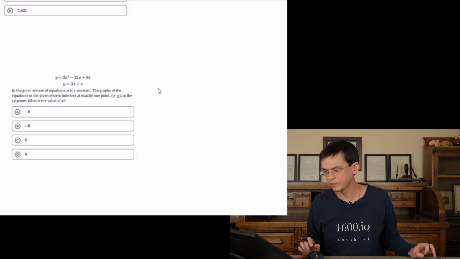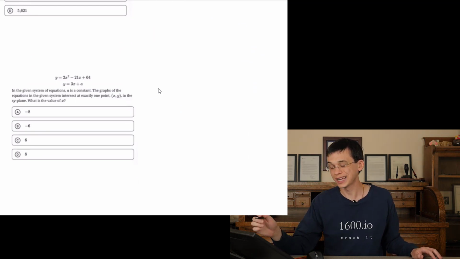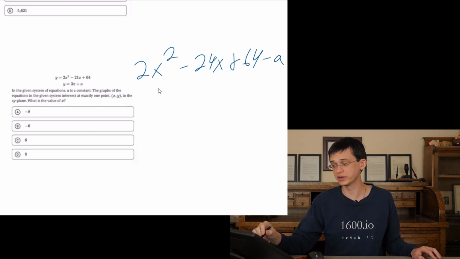We have a parabola and then a line. We don't know what A is. Exactly one point they intersect. Set them equal to each other, move everything over to one side, then we're going to do the discriminant. So we get 2x squared minus 24x plus 64 minus A. Discriminant, we need b squared minus 4ac to be equal to 0.